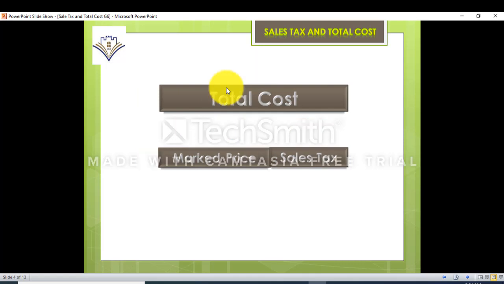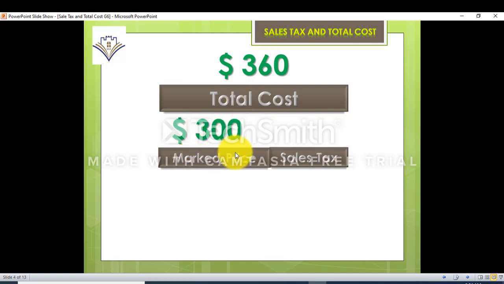Another example. If the total cost is $360 and the market price is $300, then try to calculate the amount of sales tax.